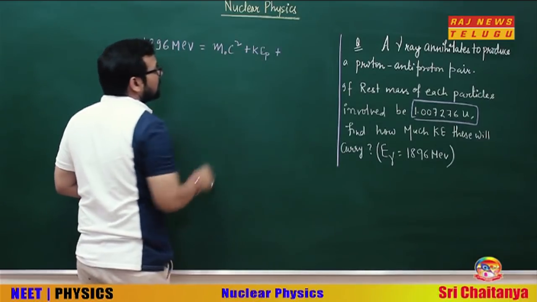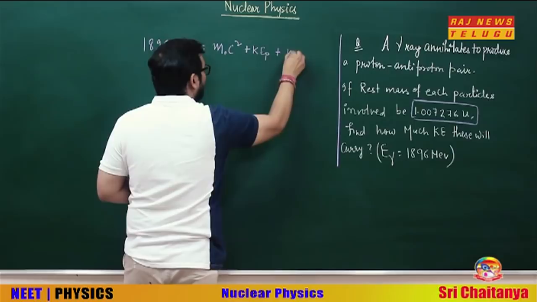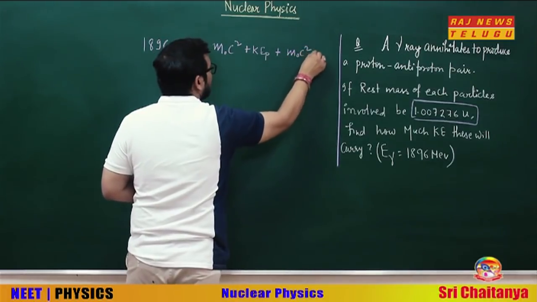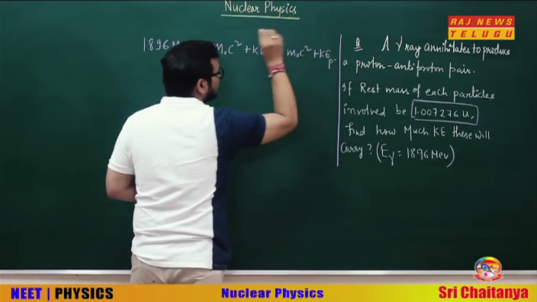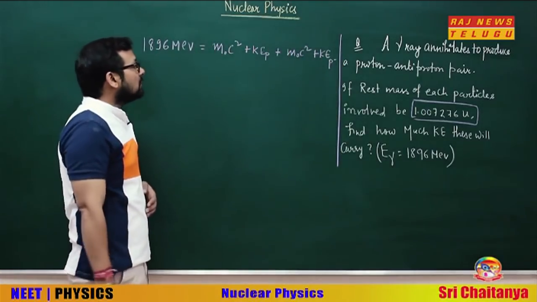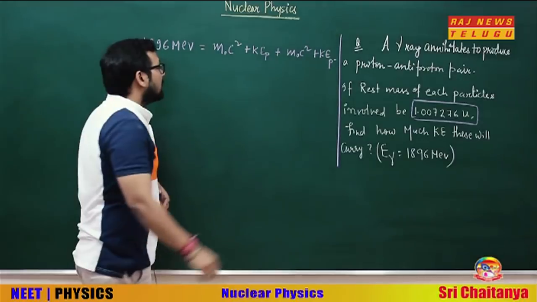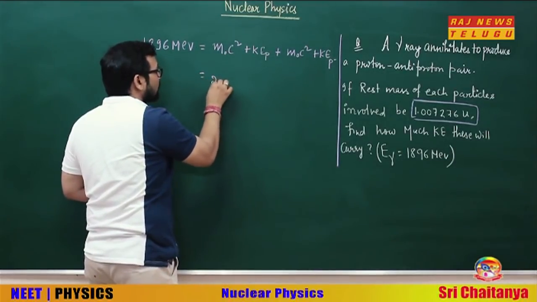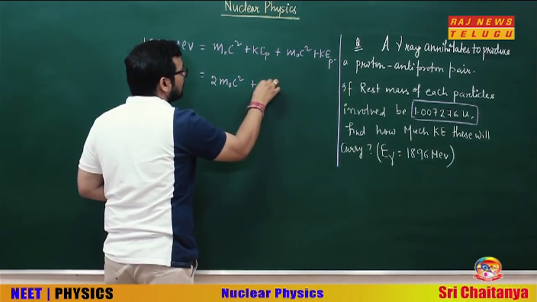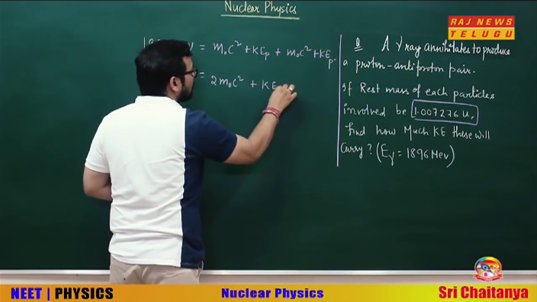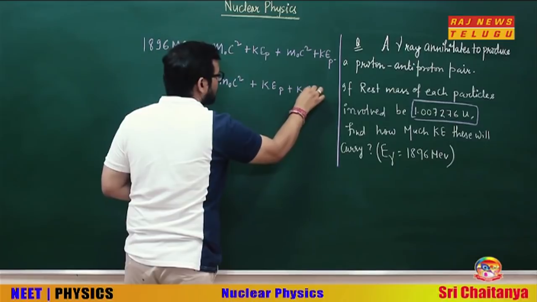Plus m naught c square plus kinetic energy of antiproton. Proton, antiproton. But this 2m naught c square is very high here.